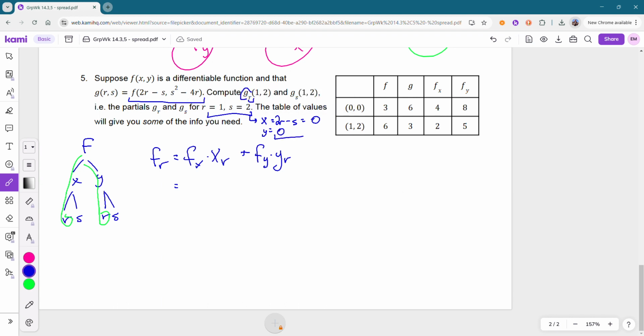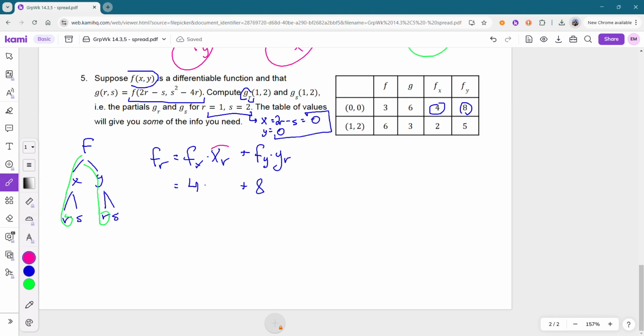So the x, y that we are talking about here is 0, 0. Since those are the variables for our function f, that's what we want to use to compute fx. So it looks like our value of fx at 0, 0 is 4. And similarly, fy we can grab at 0, 0 and see that that's 8.